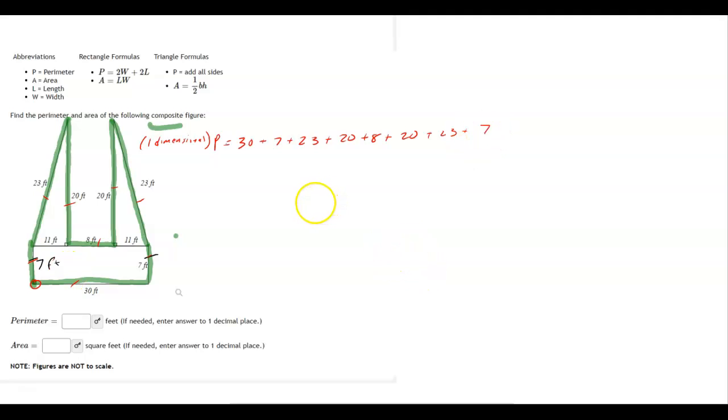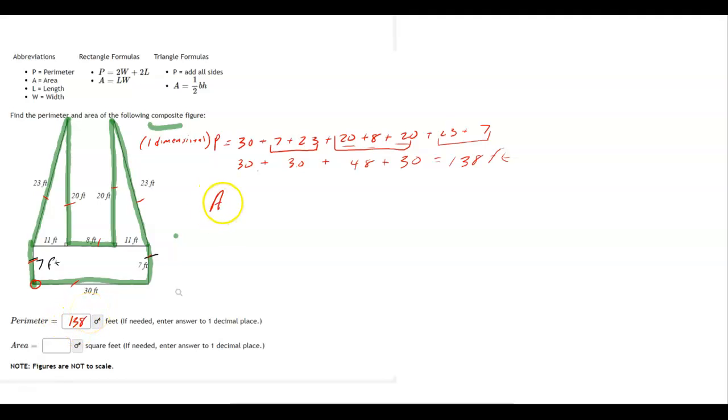Now 7 and 23 makes 30, so we've got that twice, and so this is really 30 plus 30 plus 20, and 20 is 40, and 8, that's 48, and then this is 30 again. And so we have 30 plus 30 plus 30 plus 48. 90 plus 48 is 138. And that should be feet. So that should be 138 feet for the perimeter.